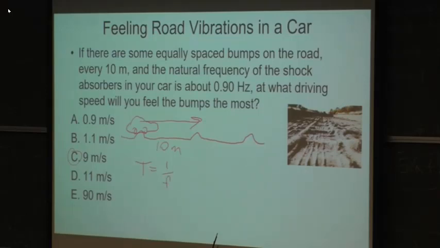And I think the speed is going to be this distance d, since d is 10 meters, divided by the time that it takes to hit each bump. So it's equal to d times 1 over T, which is actually d times f, if you think of it that way. So 10 meters times 0.9 hertz.